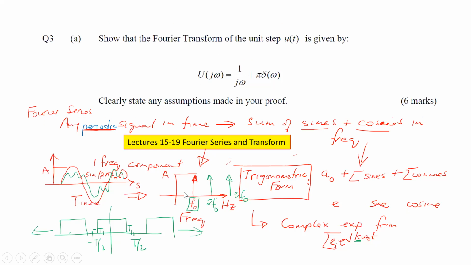As you can imagine, the frequency components of this would change depending on how wide this is. The frequency components are composed of a DC component, we always said there's a DC component, plus the harmonics.